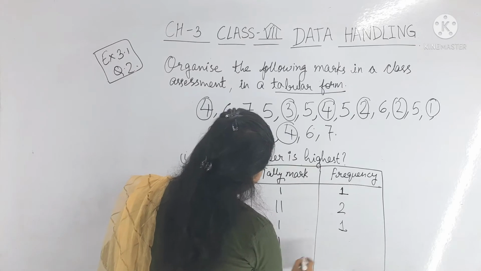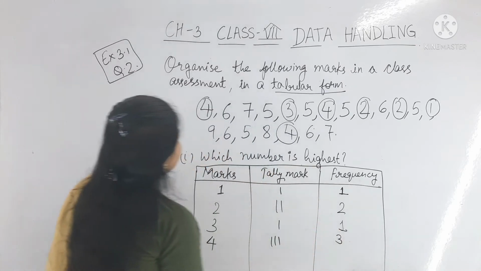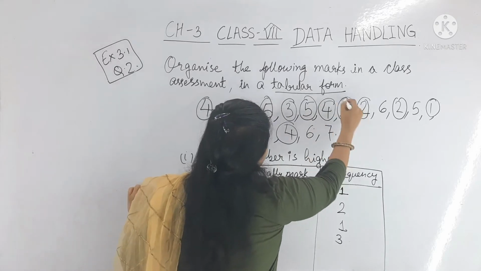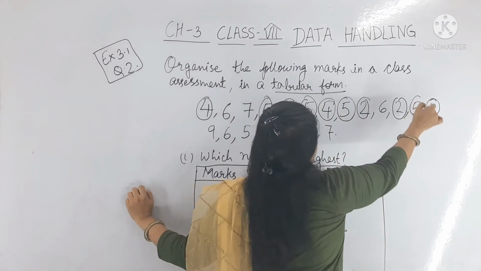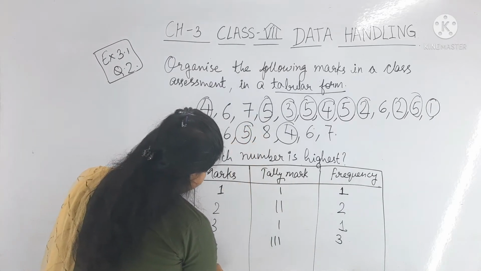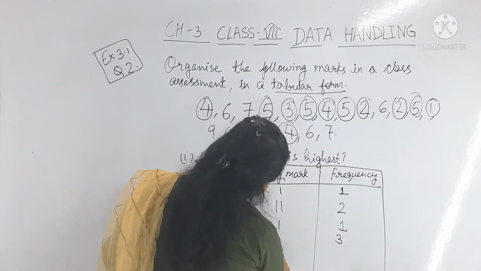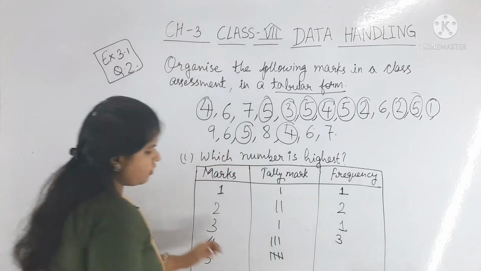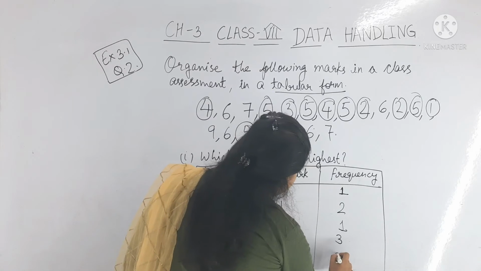So 1, 2, 3 and 3. Then 5: 1, 2, 3, 4 and 1 diagonal line. Okay, you are representing like this, and 5.